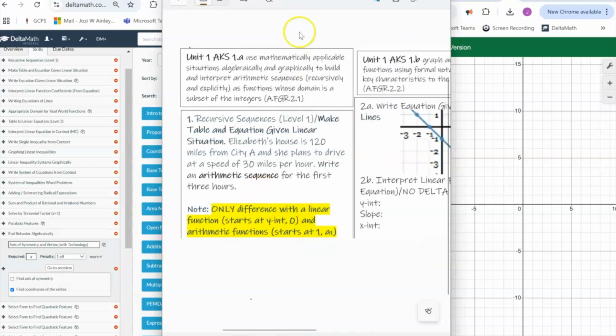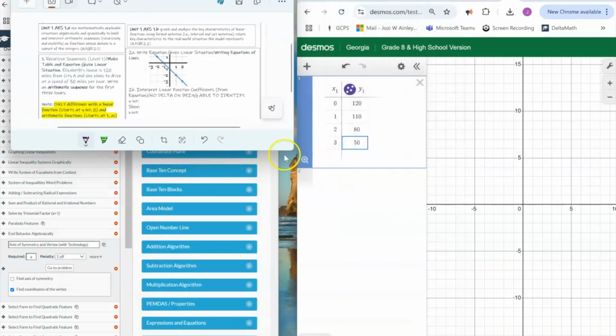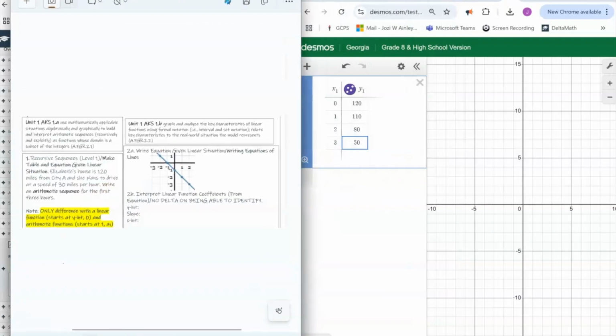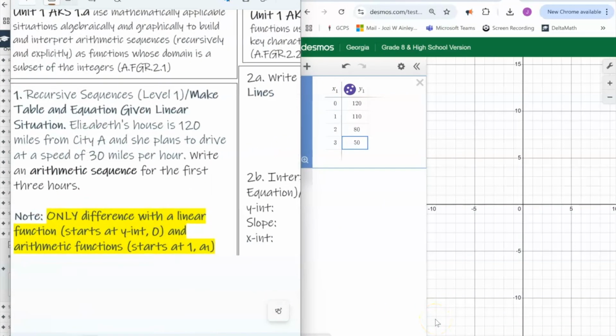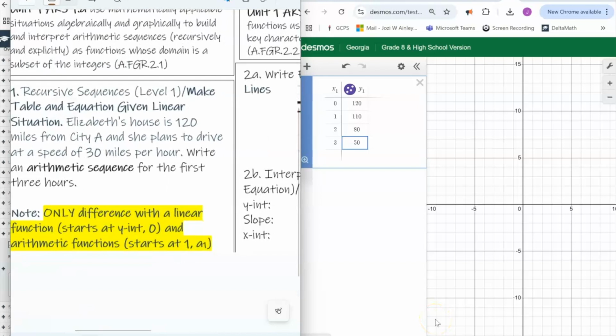So the sequence for the first 3 hours, and this is again an arithmetic sequence, we're not starting at 0, we're starting at 1. The sequence will be 110, then 80, then 50. Okay, so that's a sequence.